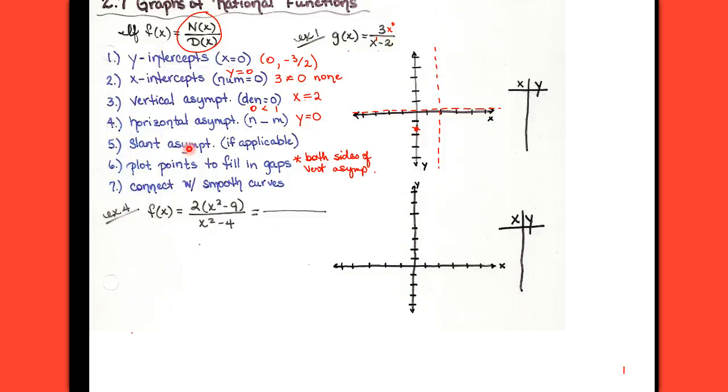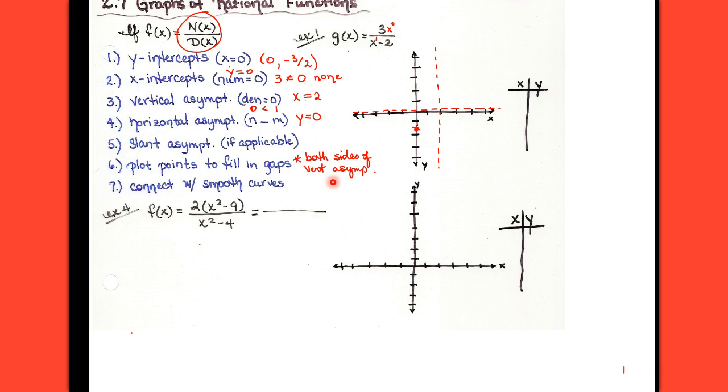All right, so then the next thing, number 6, says go back and plot points now that you have some guides. Go back and plot points to fill in any gaps that you have in your graph. Here's the main thing I want to stress about this. You will have a part of your graph on both sides of every vertical asymptote.